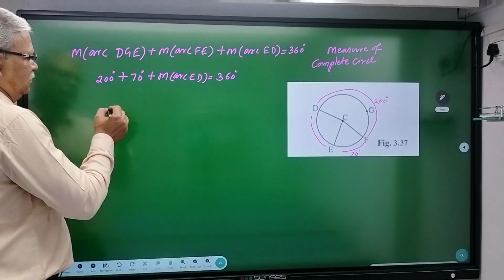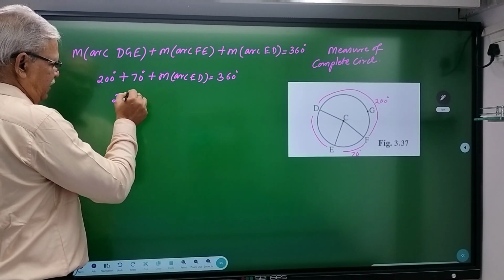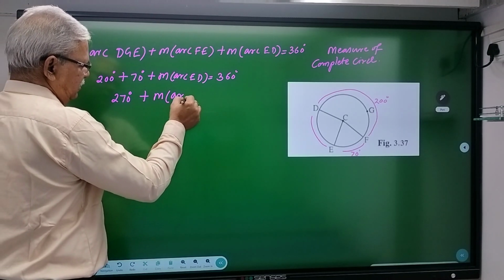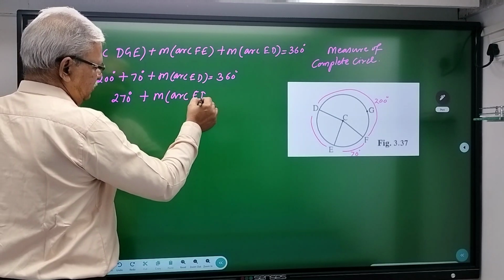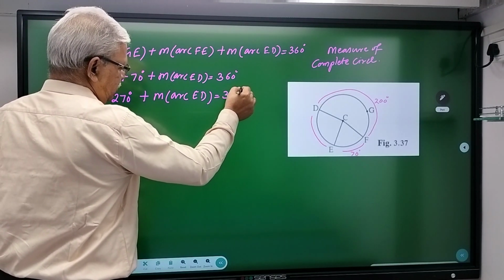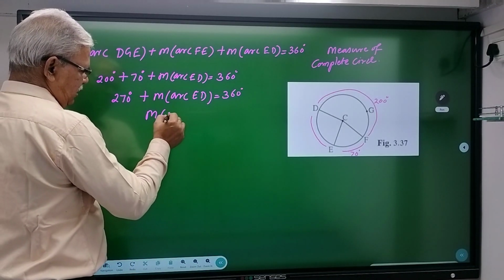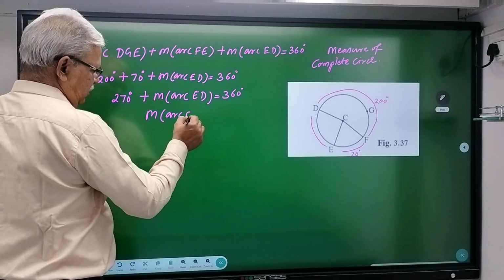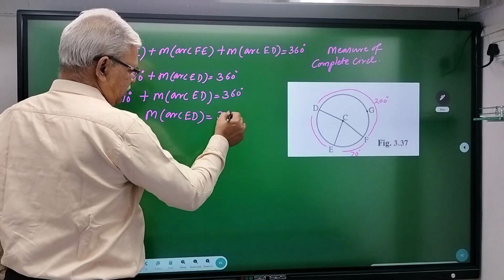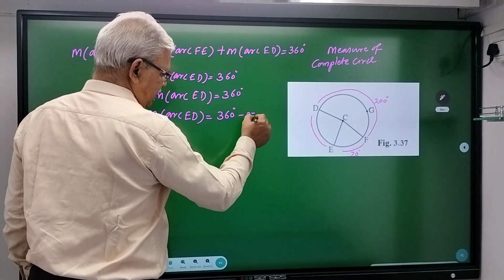Now this is 270 plus measure of arc ED is equal to 360. Now measure of arc ED is equal to 360, take this number 270 to the other side.